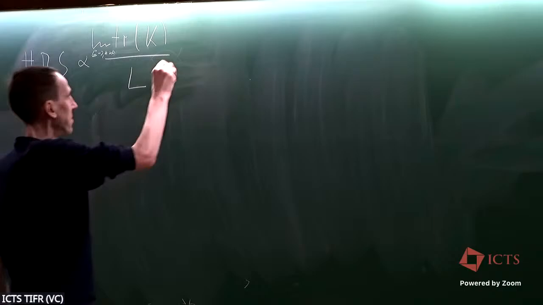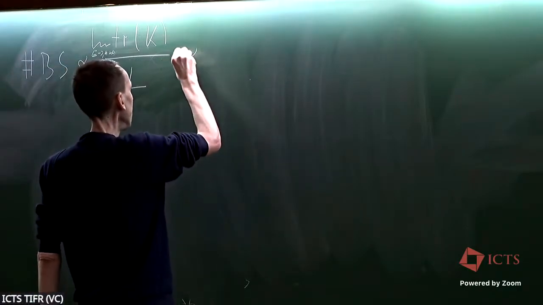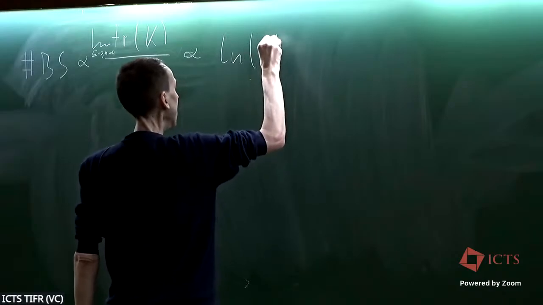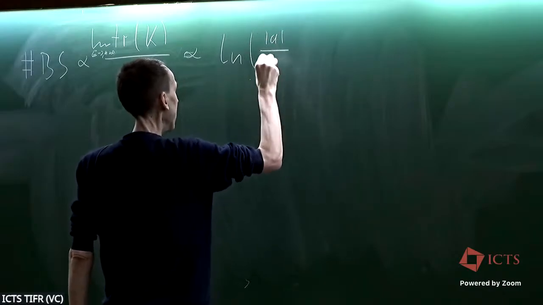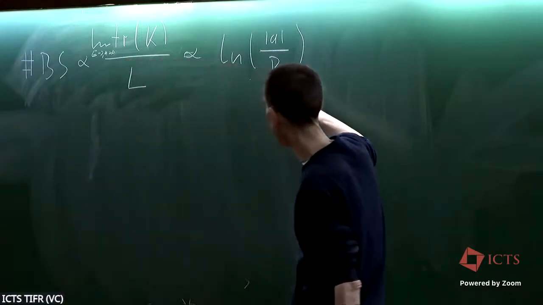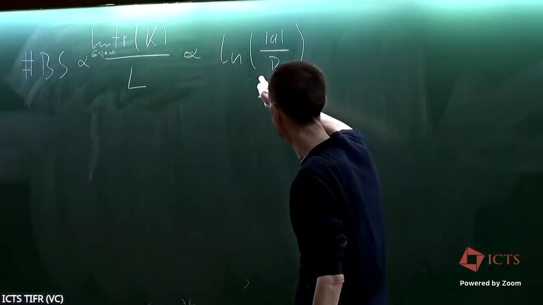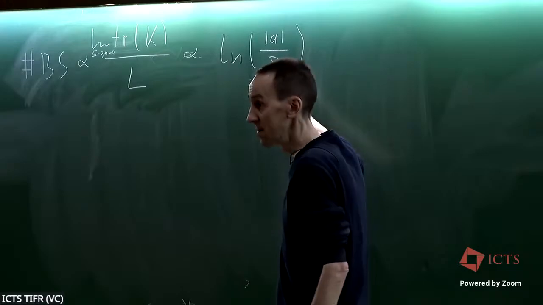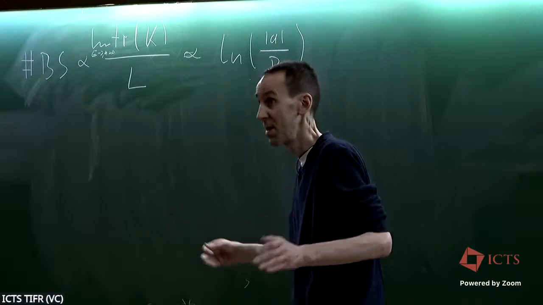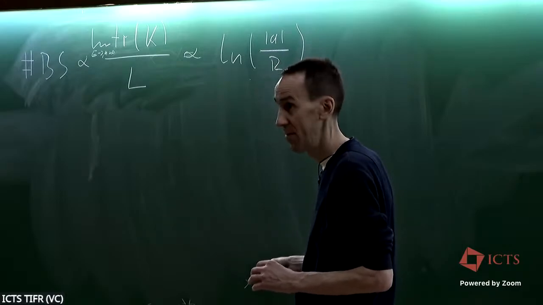That number is proportional to the logarithm of A. And now I write it like the alternative derivation, times the inverse of the range of the interaction, which is parametrized with our lambda.